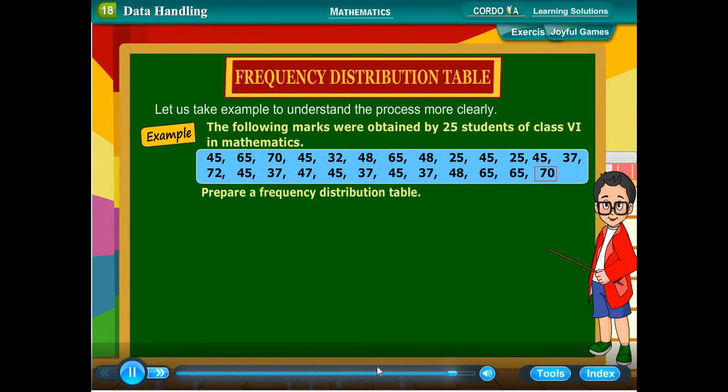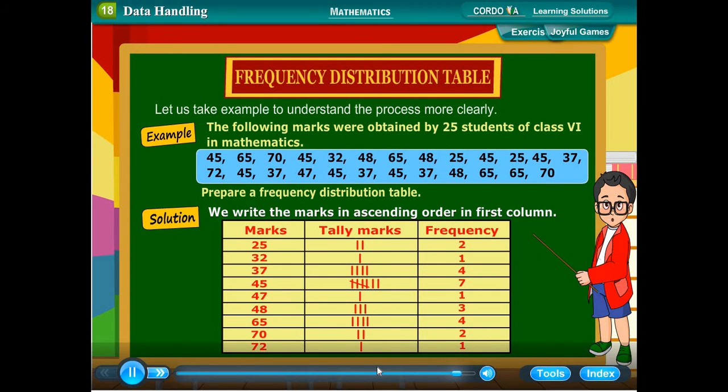Prepare a frequency distribution table. Solution. We write the marks in ascending order in first column. Marks, tally marks, frequency: 2, 1, 4, 7, 1, 3, 4, 2, 1.